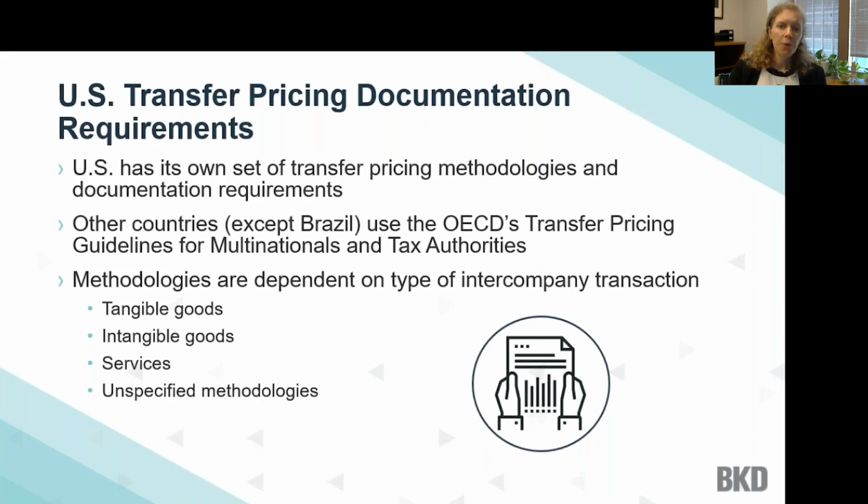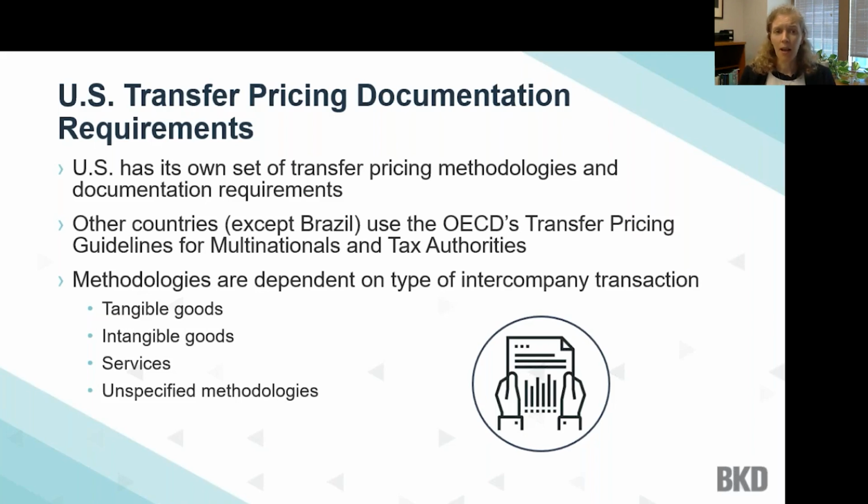Okay, so for the US, the transfer pricing documentation requirements are listed in the Treasury regulations. There are 10 different requirements that need to be met when the IRS asks for your transfer pricing documentation. It's generally included in a report, so that's what my team and I prepare.